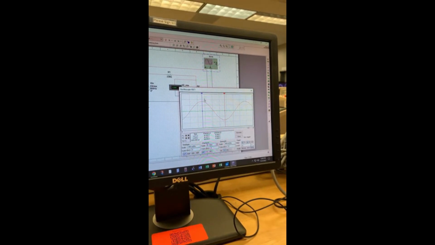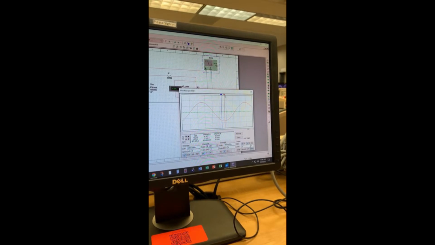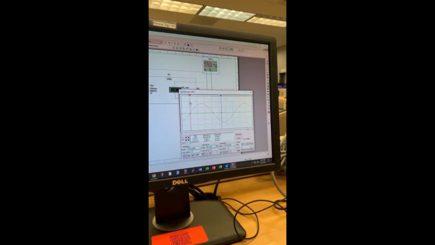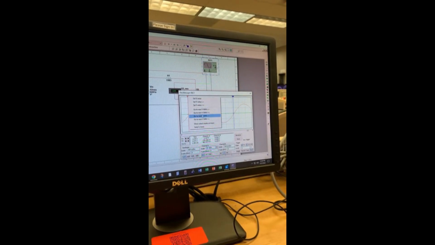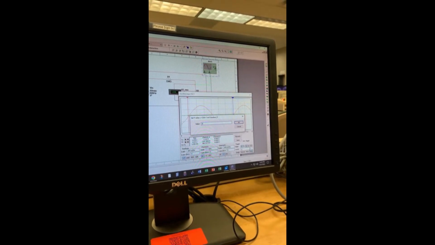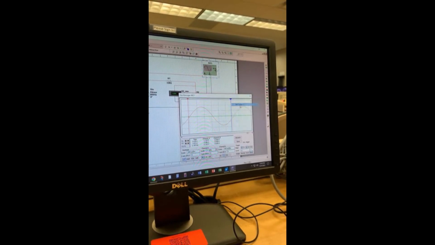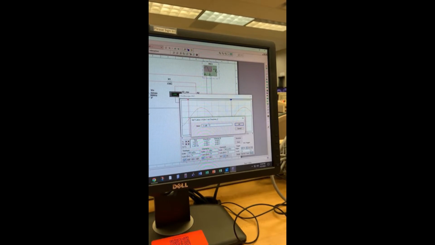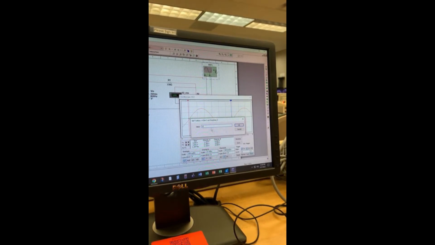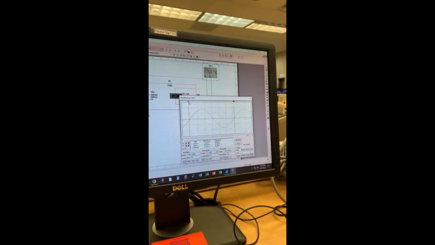16.4945 volts. Now for the period, we just have to go to this area right here. We have to set this to 0, and this one as well.